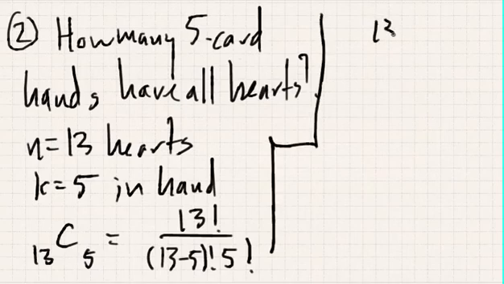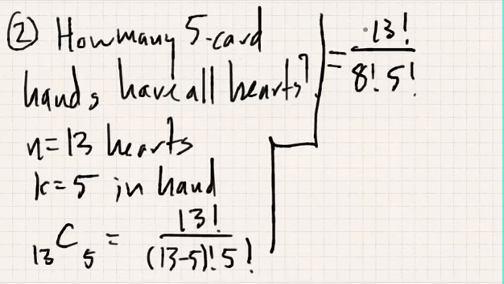Now let me rewrite this as 13 factorial over 13 minus 5 gives me 8 factorial times 5 factorial. I'm going to expand out the top to cancel with one of the things on the bottom, but which one should I go for? The 8 factorial is bigger, so it'll probably be easier for me to work with canceling out the 8 factorial.